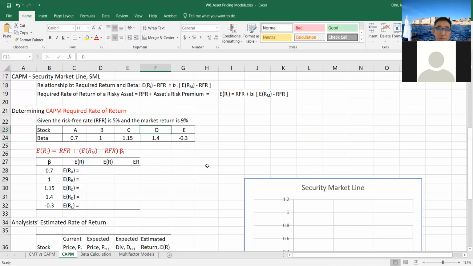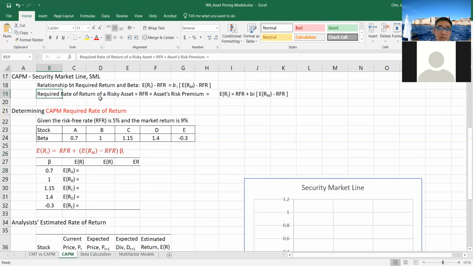Now, given this CAPM model and given the beta, I told you this CAPM model is used to determine the required rate of return of a risky asset. This required rate of return by CAPM is a theoretical benchmark in your investment decision making.